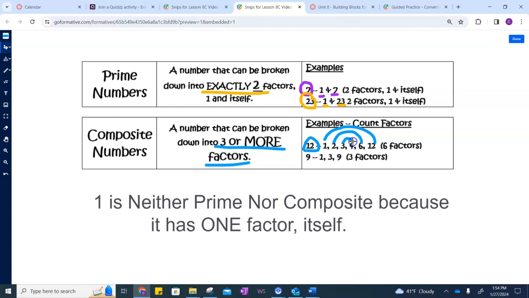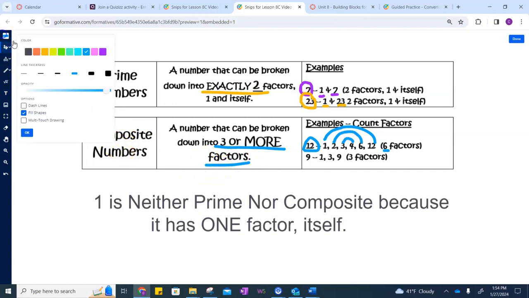And 3 and 4 divide evenly into 12. So it has 6 total factors, 3 factor pairs that make 12. Therefore, 12 is considered a composite number. It's composed of many different factors.